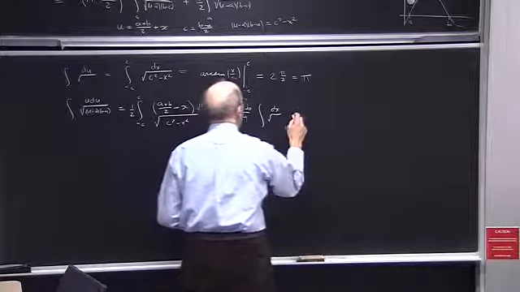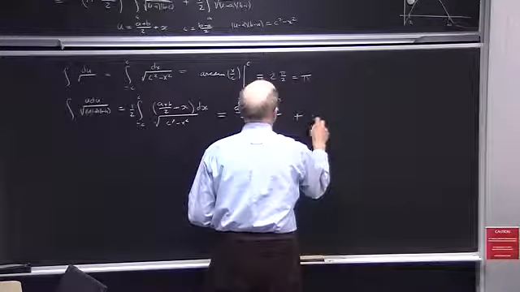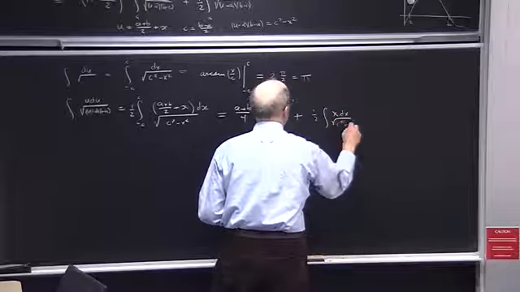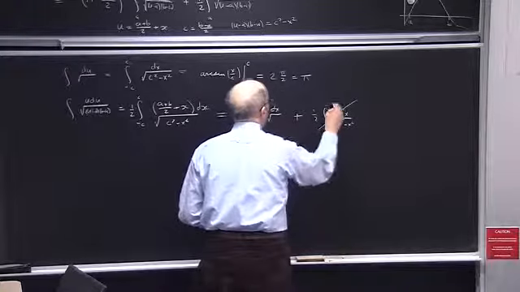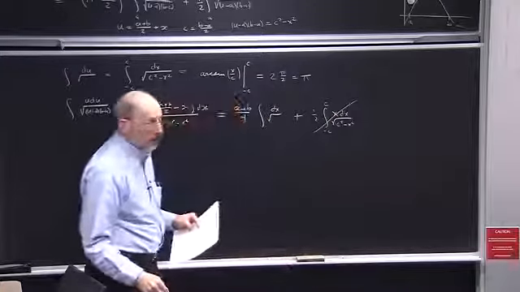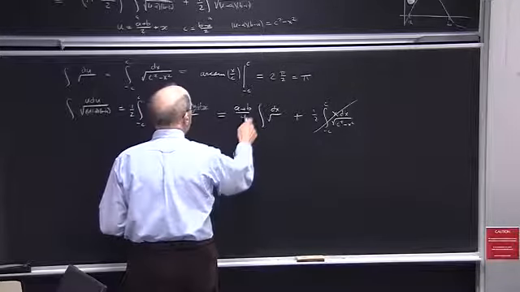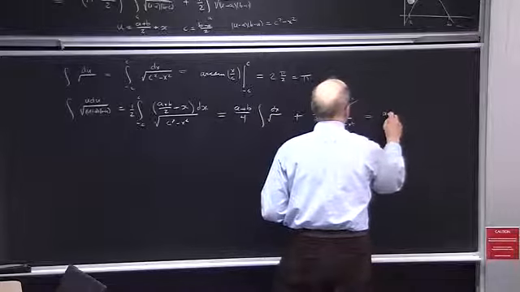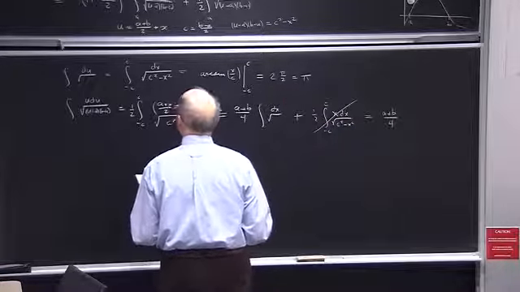The other part left over is 1/2 the integral of x dx over the square root of c squared minus x squared, but that's 0 because it's from minus c to c and this is an odd integrand. So what we're left with is (a plus b)/4 times whatever we got for that integral, which was pi.